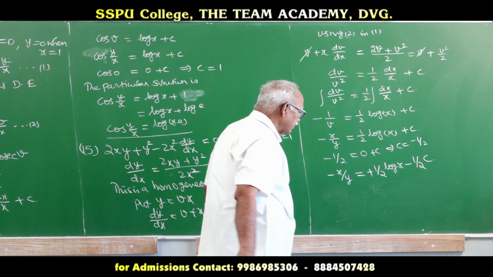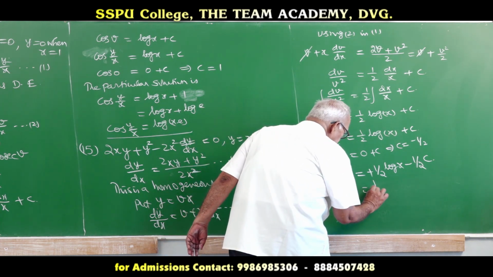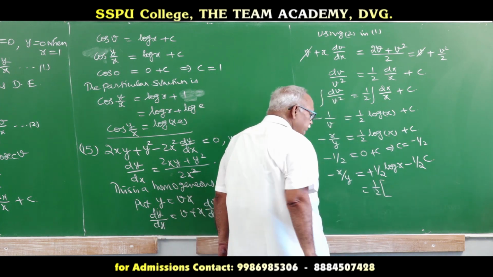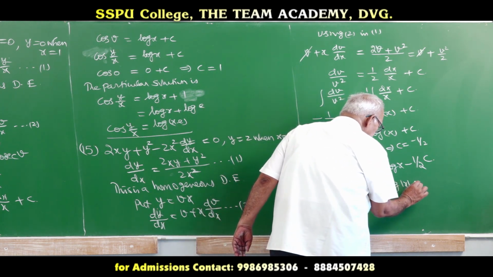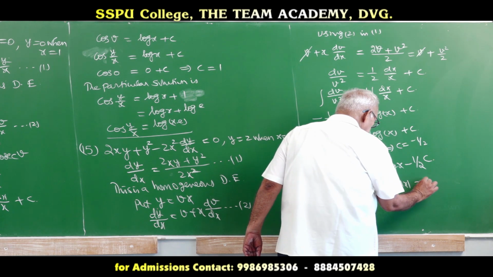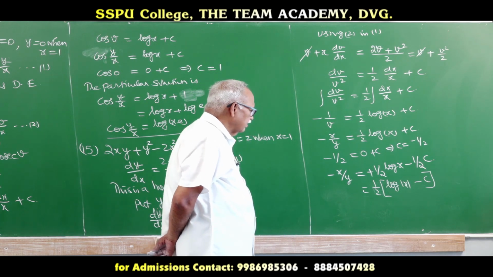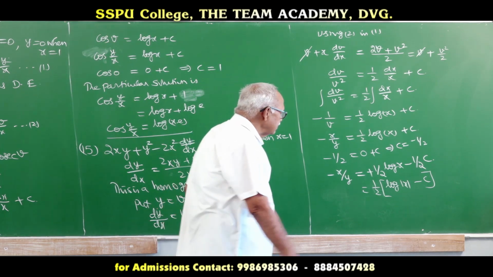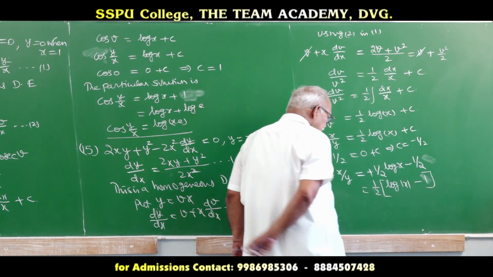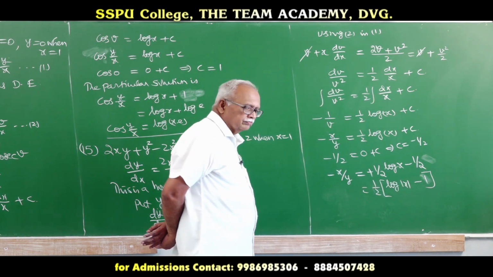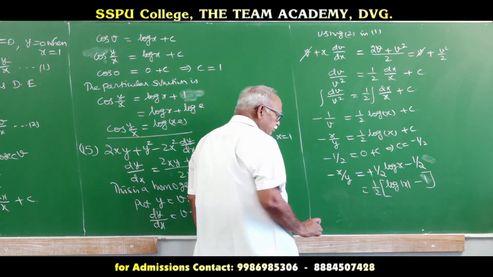This you can simplify and write it. This is 1 by 2 into log of mod x minus c. Log of mod x minus c is 1 by 2. So, c is also, so this is 1 log x minus. So, here we want y value.